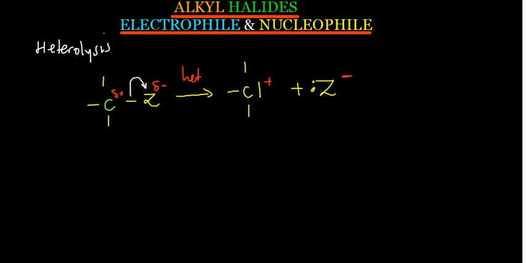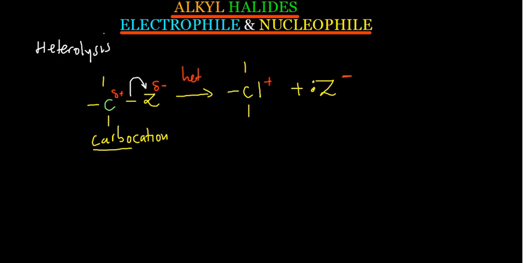Now, this carbon that remains when this kind of reaction happens, where the bond breaks and the more electronegative atom gains the 2 electrons instead of the carbon, this carbon that remains is going to be called a carbocation, or others would say carbocation.